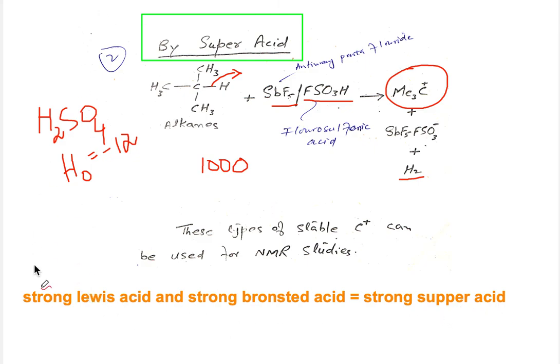Consider a strong Lewis acid and a strong Bronsted acid. A strong Bronsted acid like HF, hydrogen fluoride, and a strong Lewis acid which can accept a pair of electrons, like antimony pentafluoride, SbF5.